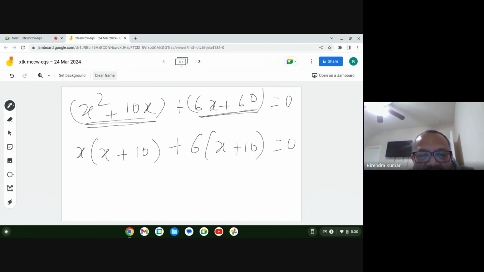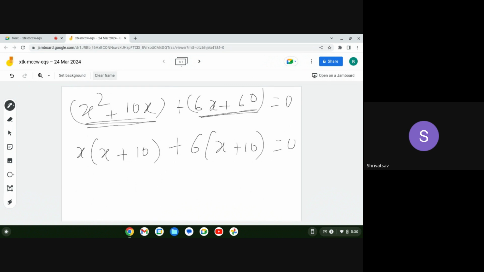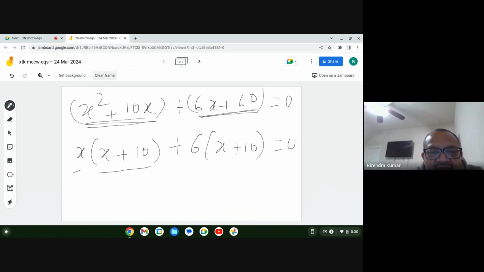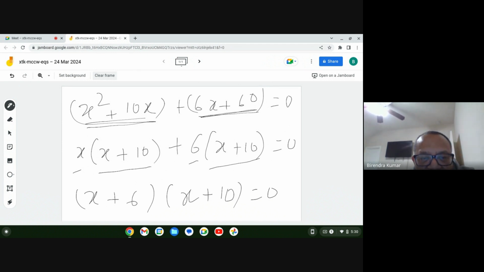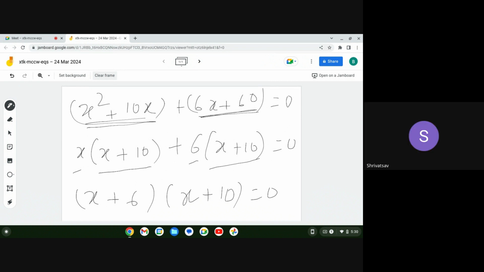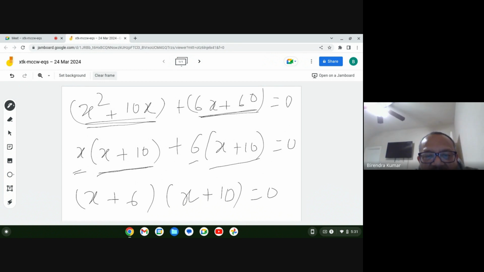Something into this plus something else into the same number. So I can write this as (x plus 6) into (x plus 10). Can I? Because (x plus 10) is common here, right?